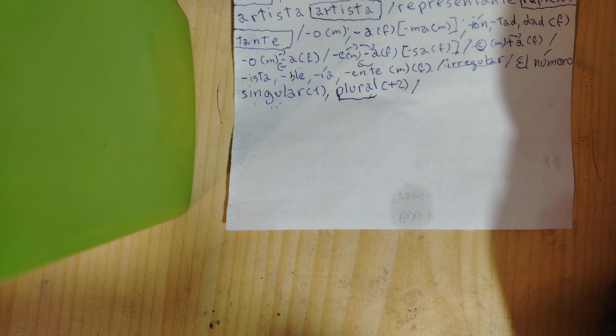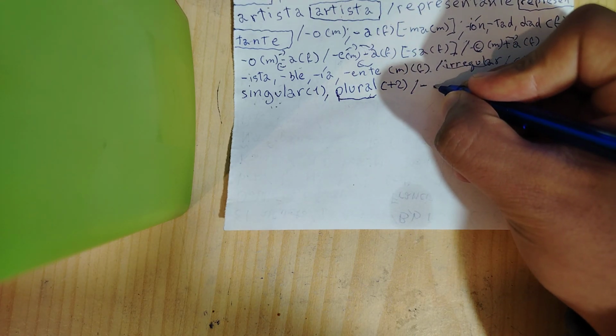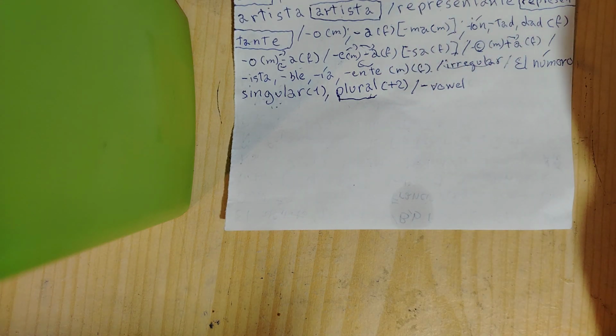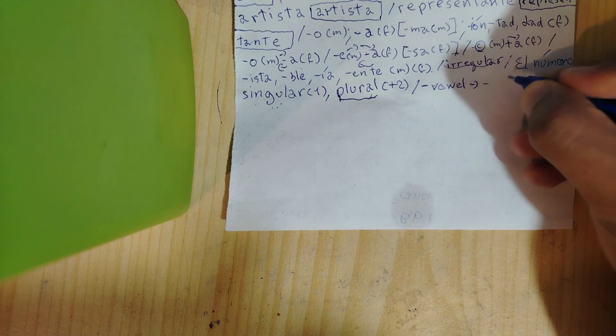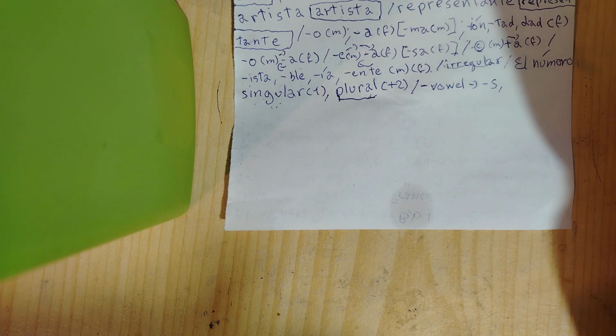Nouns, words that end with a vowel. If a noun ends with a vowel, you have to add an s, and that noun will be plural. We have examples. We are going to put two examples.